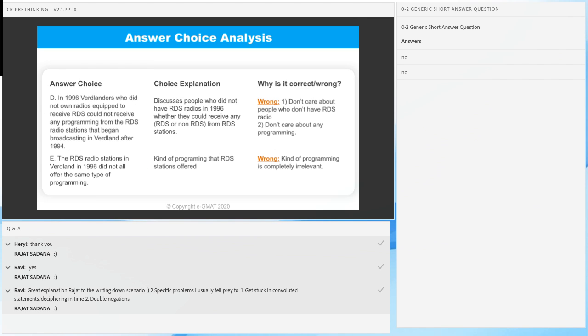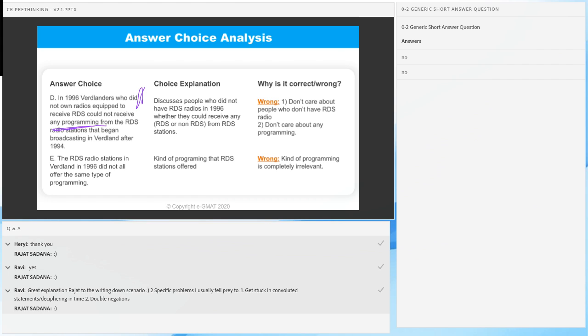Okay. Let's look at choice D. Choice D is a really tempting choice, but it's a really easy choice to reject, and many of you chose choice D. Choice D says in 1996, Verlanders who did not own radios equipped to receive RDS could not receive any programming. It talks about a segment of people we don't care about, and a programming we don't care about.